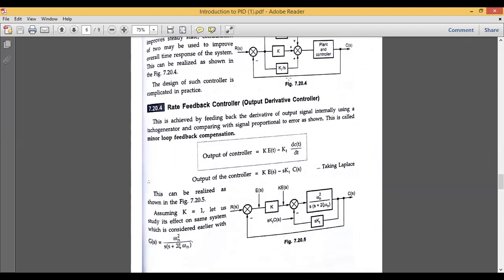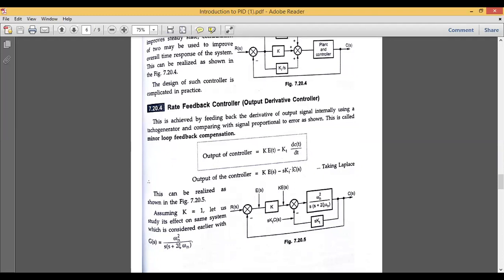From the block diagram, we derived the equation for the output of the controller, given by K into e(t) minus K_t d/dt of c(t). Then we applied the Laplace transform to obtain the equation in the Laplace domain.